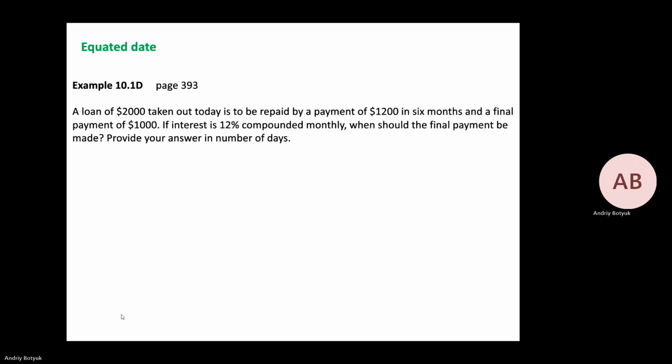Understand, guys? So let's see. Yes, for the equated date, make a note. Equated date questions require the use of a focal date, and this focal date is always now.